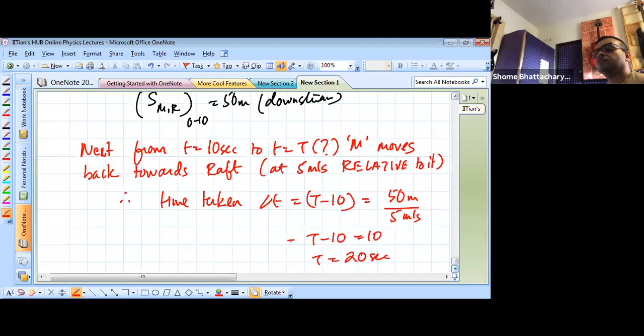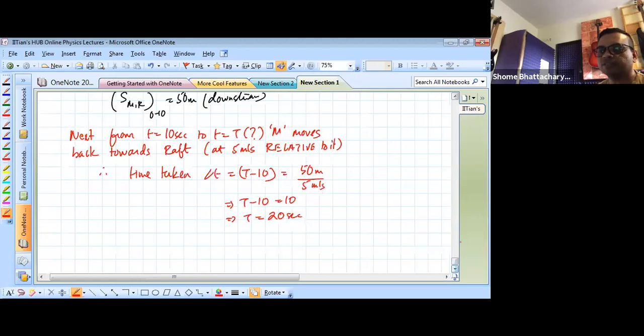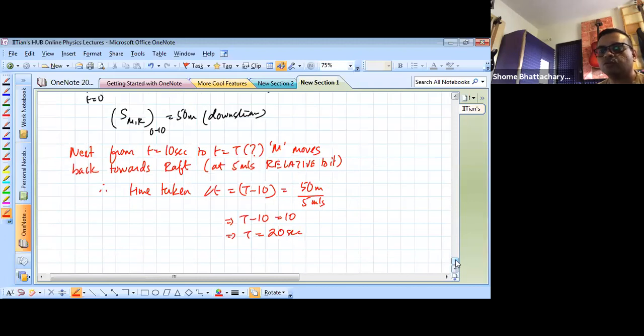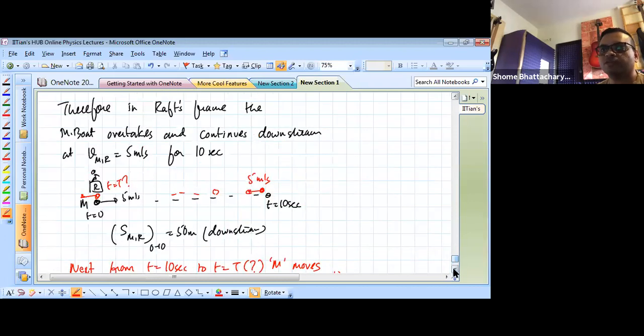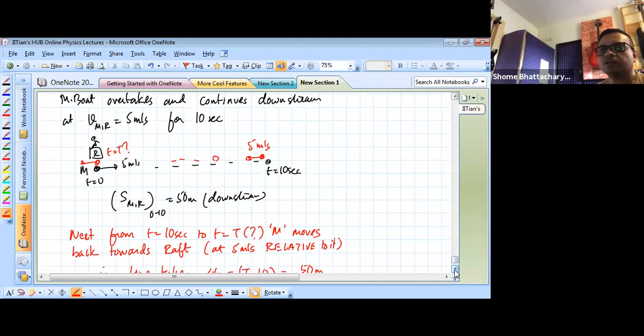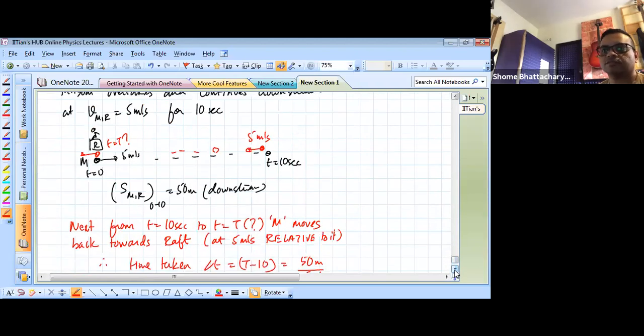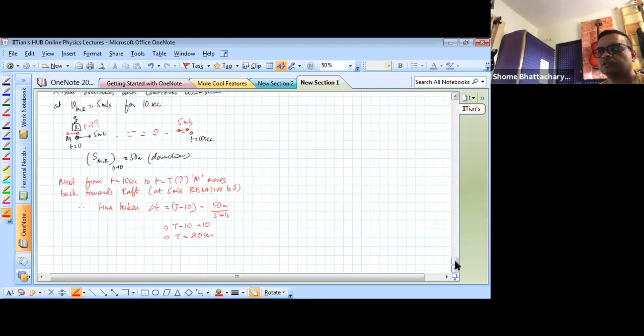Or just think logically: something is running away from you at 5 meters per second, and then 10 seconds later it's running back towards you at the same speed, 5 meters per second. How much time will it take to come back to you? The same time it took to go away from you, because the speed is remaining constant. So that is what the person on the raft sees as far as the motion is concerned.